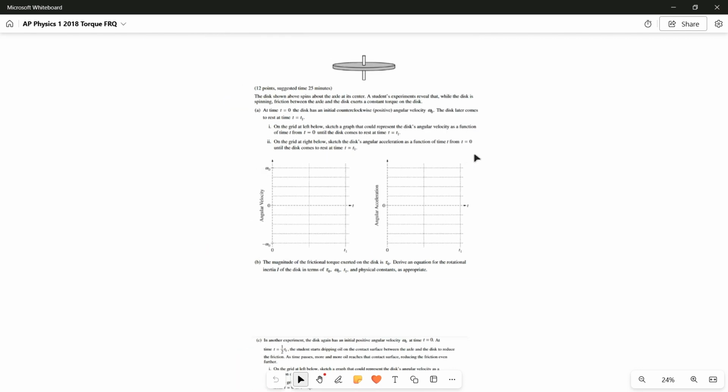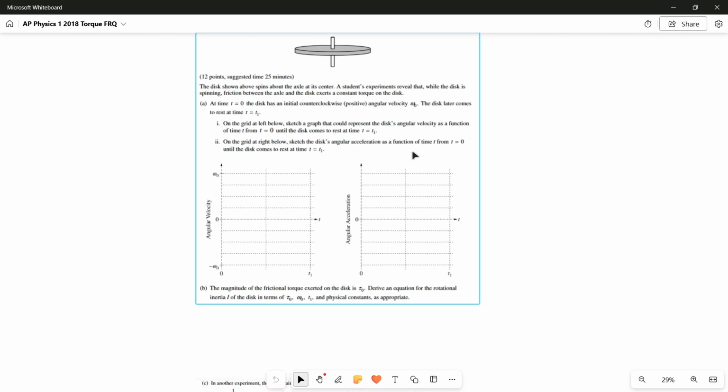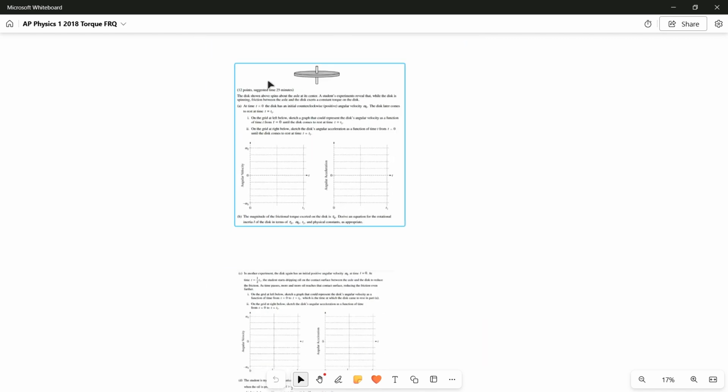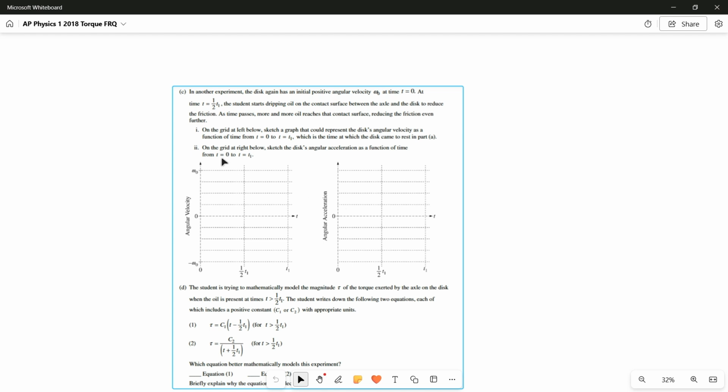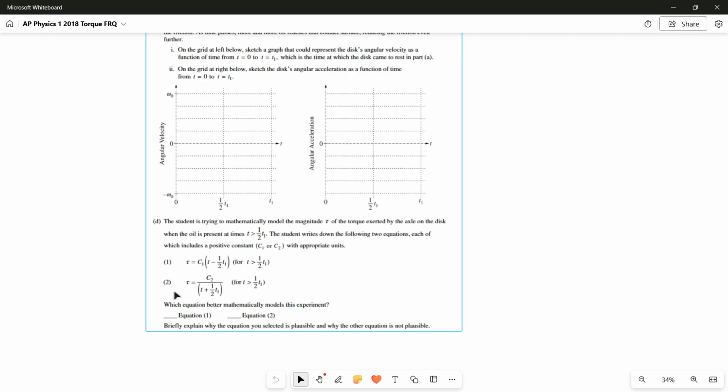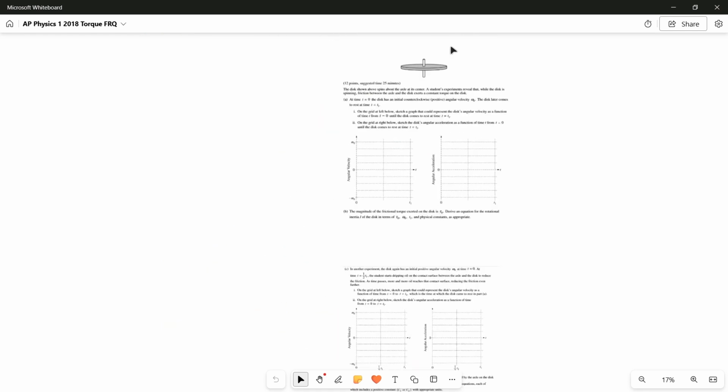And sometimes when it feels like you can't do part A first, you would probably do part B first because it doesn't seem to rely on part A, but part A would definitely help you formulate your response for part B. Now, part C feels a bit more difficult because it appears that it relies on what you did in part A, because the two grids appear again. Part D is kind of what you interpret from part A.